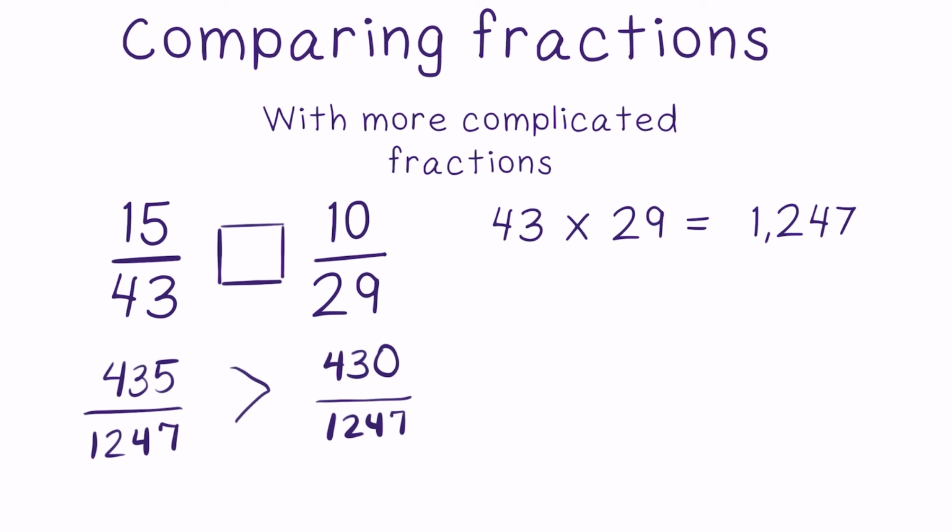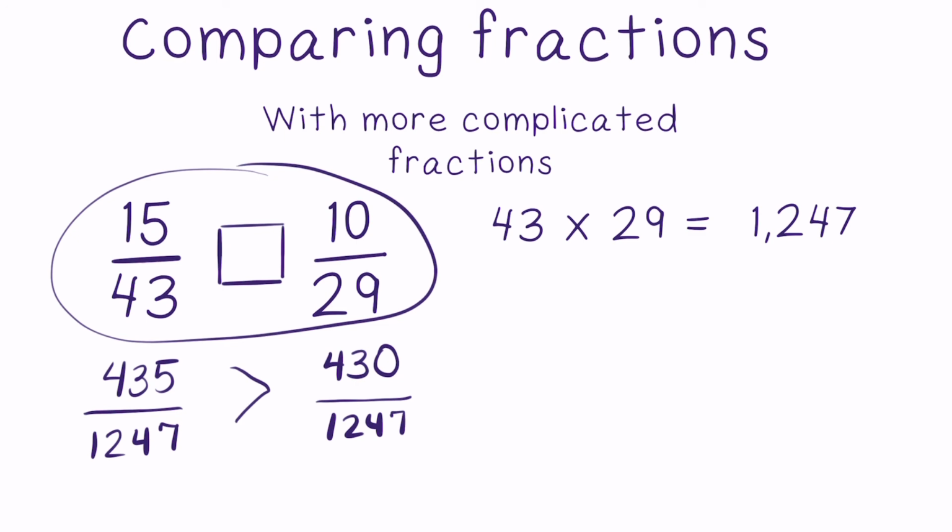Once I've identified that, I can apply that answer to our original problem here. And since I know the equivalency of each fraction, I can confidently say that 15/43 is greater than 10/29ths.